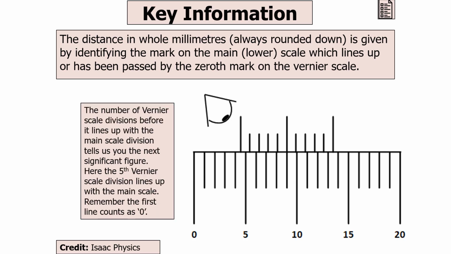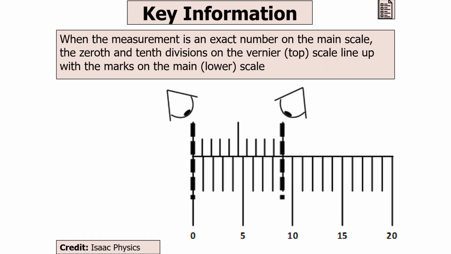Remember, the first line, the longest one, which is just after 4, counts as 0. So you go 0, 1, 2, 3, 4, 5. The 5th one is therefore the one that lines up with the main scale. So the answer is therefore 4.5. Now when the measurement is the exact number on the main scale, the 0th and the 10th division shown on the vernier scale line up with the marks on the main scale.